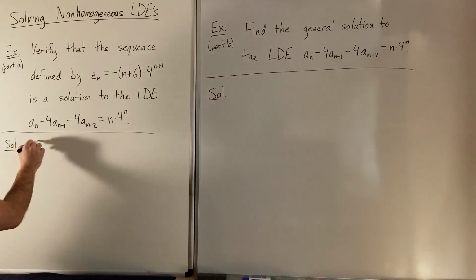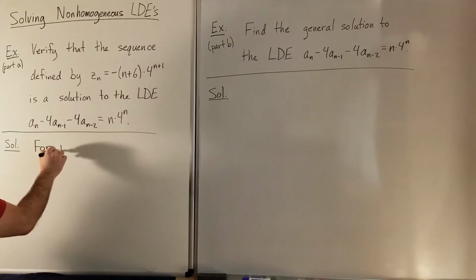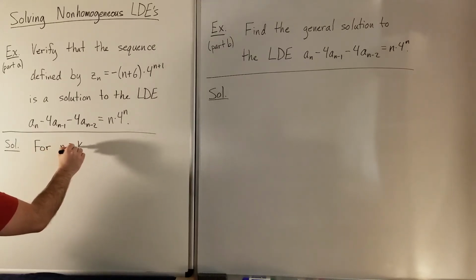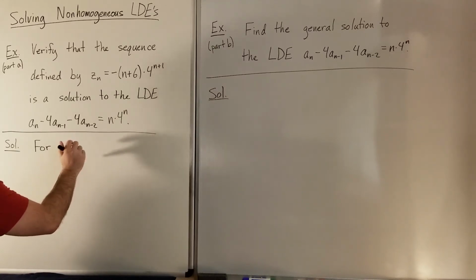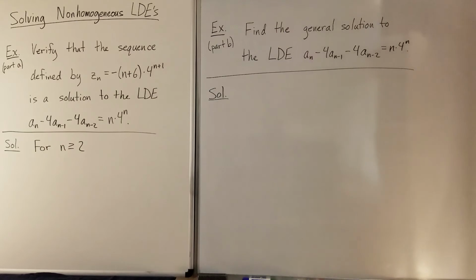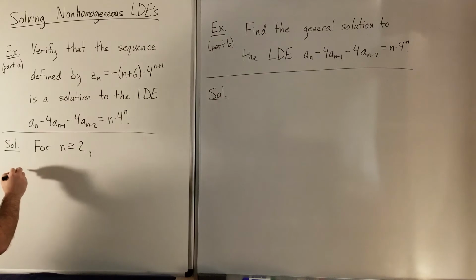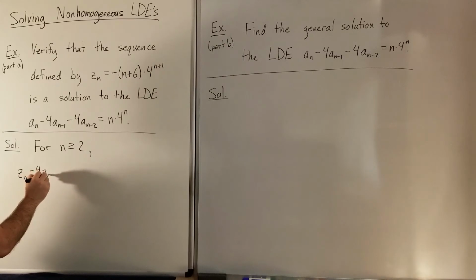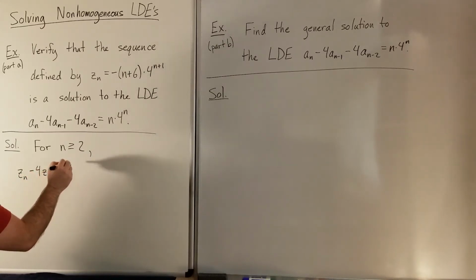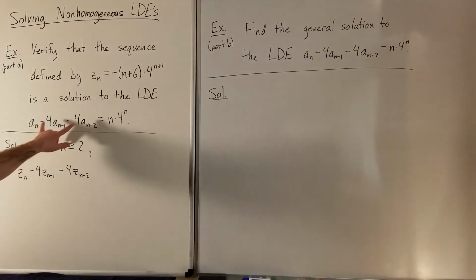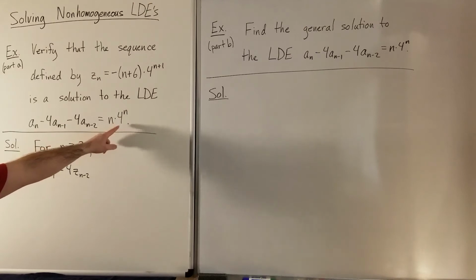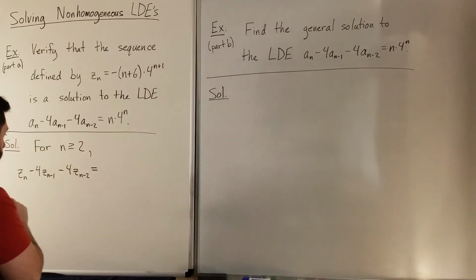So to satisfy an LDE, I need to say that for n bigger than or equal to k, in this case k is equal to 2, second order, Zn minus 4Zn minus 1 minus 4Zn minus 2. So that's the left-hand side. Hopefully it's equal to the right-hand side. So let's see what it actually is equal to.